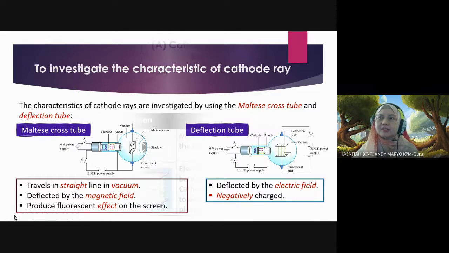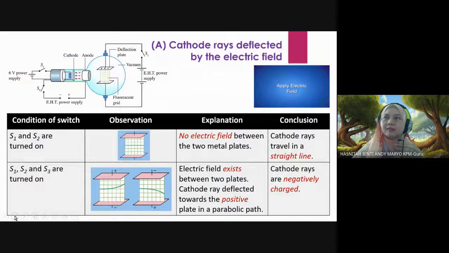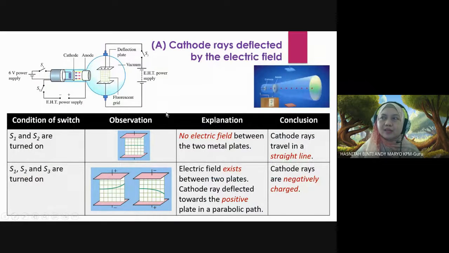So how to see? You can also find this in your textbook. We take a look at the cathode ray placed in between an electric field. This is the deflection plate. As you can see, the positive plate is on top and the negative plate is below. We have three switches there, students.